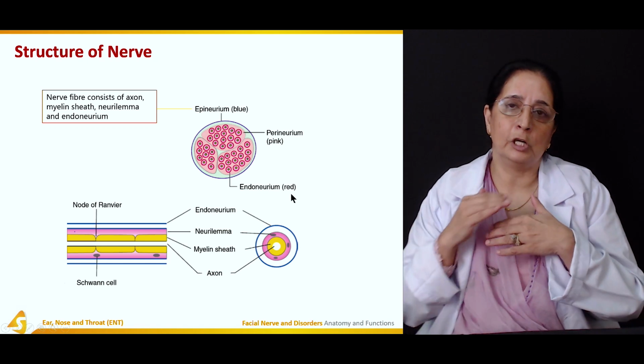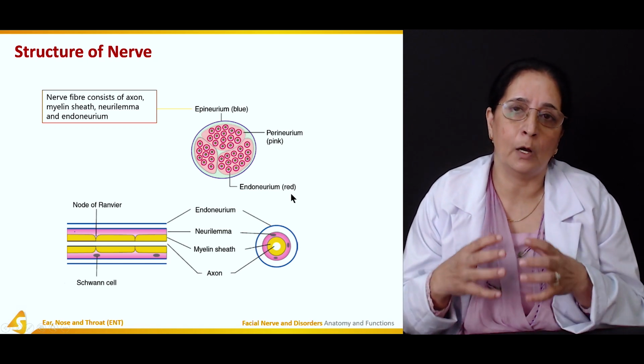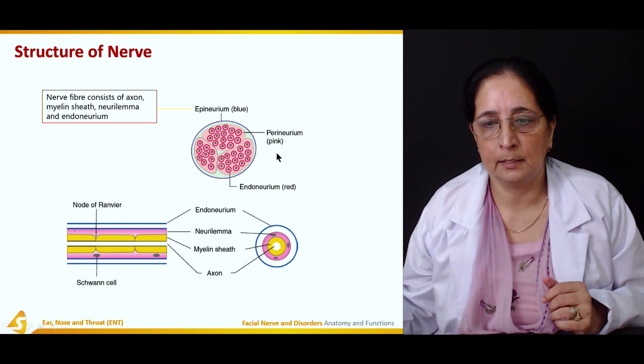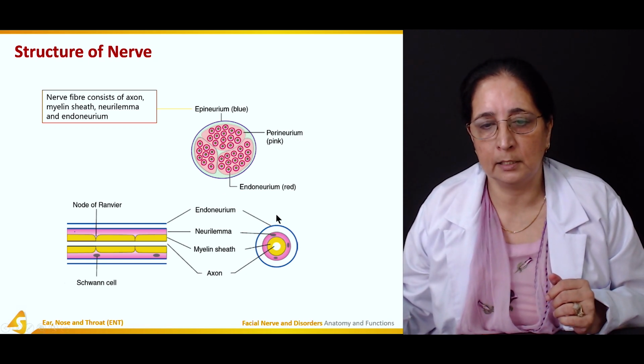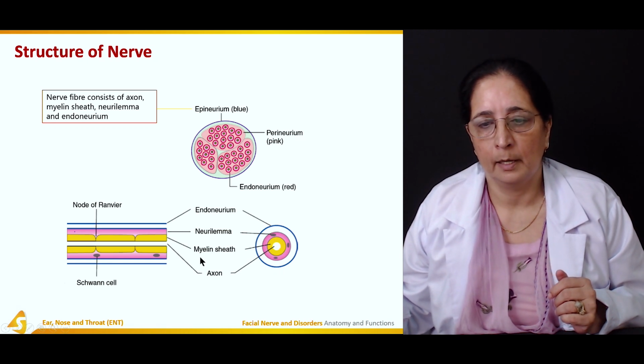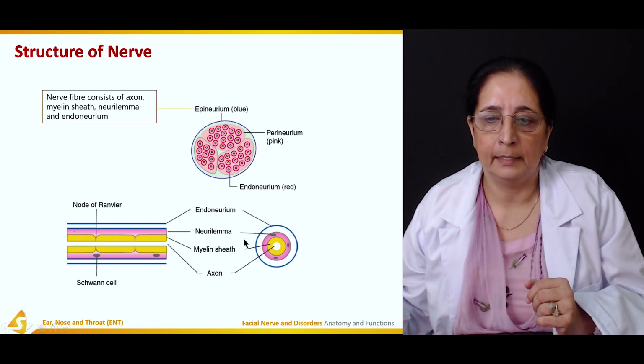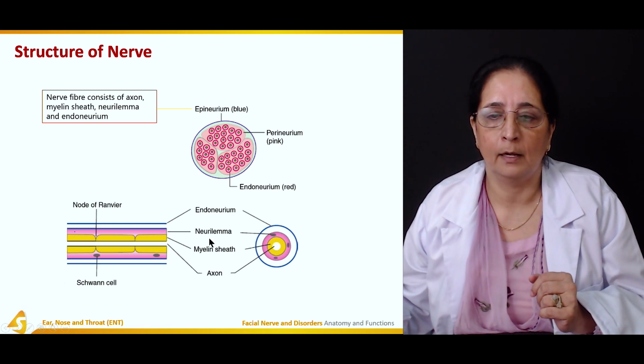And then if we look at the cross section of the nerve, this is how the nerve looks. This is the inner part, this is the axon, and the myelin sheath covers the axon. Then we have neurolemma and endoneurium.